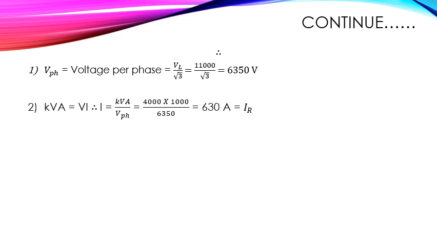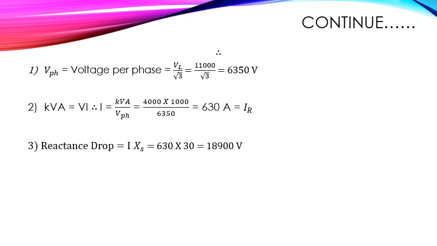As per the equation kVA equals VI, we can calculate the current, and that is the current due to the resistance, IR, equal to 630 ampere.